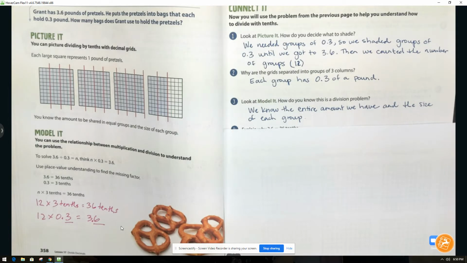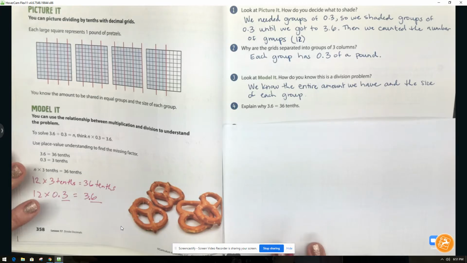So anytime that you know the total amount, and then you know how much you're breaking it up into, or how big each group is, or how many groups there are, we know that we're going to divide because we already have the entire amount. That is why we know we're dividing. Remember, in multiplication, we know the parts, but we don't know the whole. In division, we know the whole and we know one part, but we don't know the other part. So that's how we can find the difference between multiplication and division.